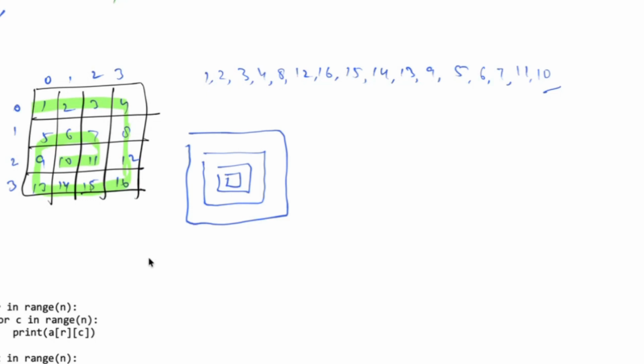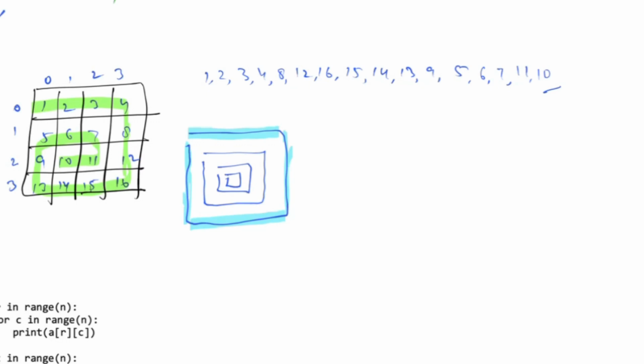Every layer we want to print in the clockwise order. So how do I want to print the outermost layer? First, we will print this row, then we will print this column, right? Then we will print the last row in reverse order. And then we print the first column in reverse order, right?